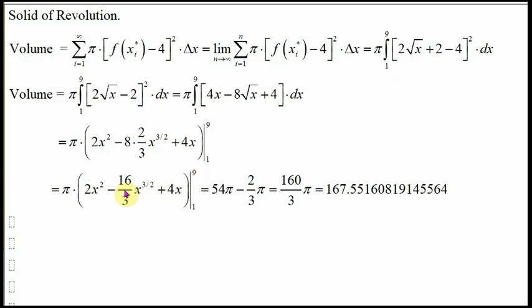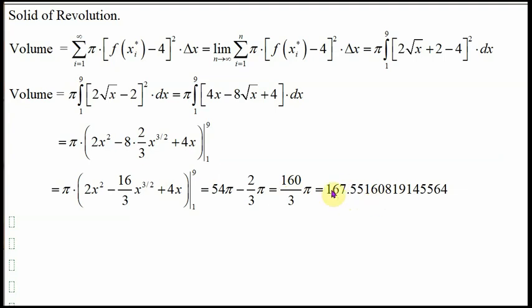So when x is 9, we get 54 pi. And then when x is 1, we get 2/3 pi. And then subtract here, we'll get 160 over 3 pi. And this is 167.5516.